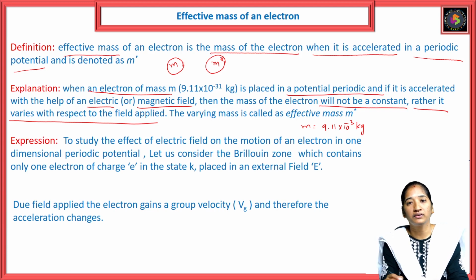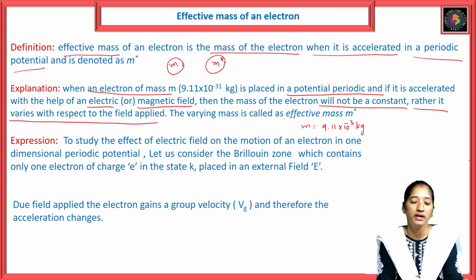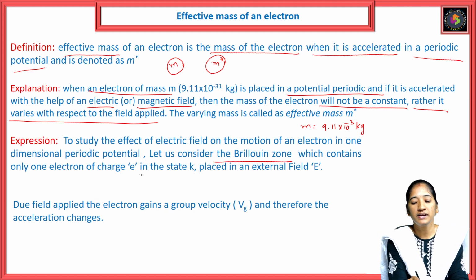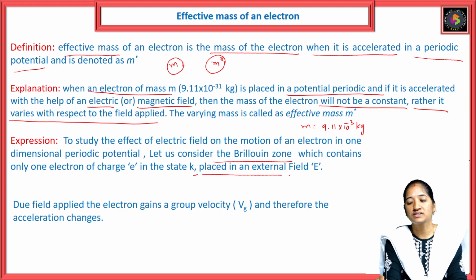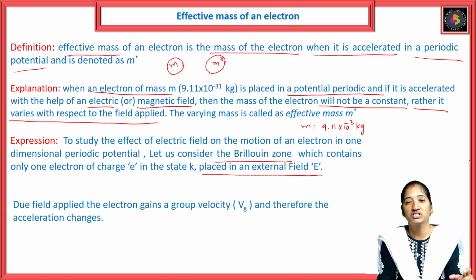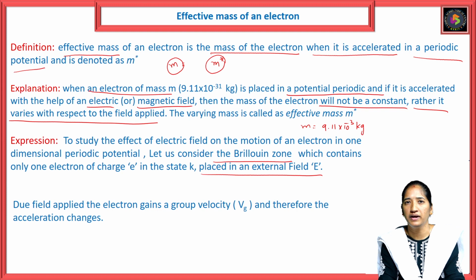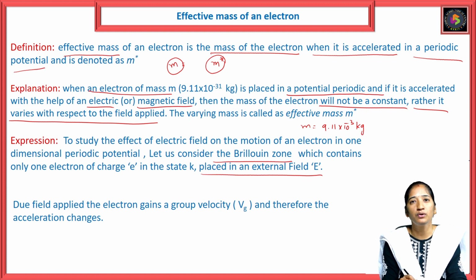To study the effect of an electric field on the motion of an electron in a one-dimensional periodic potential, let us consider a Brillouin zone which contains only one electron of charge e in the state k, placed in an external field E. Let us calculate the mass of the electron before and after applying the field.